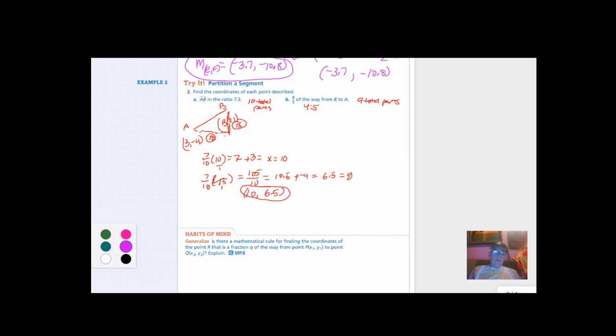Now let's look at the next one. 4/5 of the way from B to A. So now A again is at, let's write it down. A is at 3, -4. And B is at 13, 11.